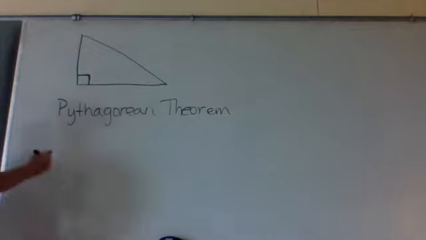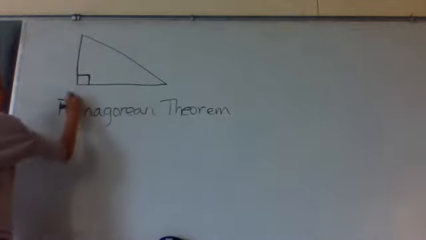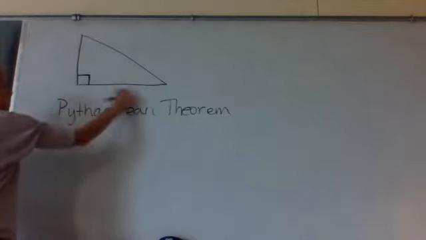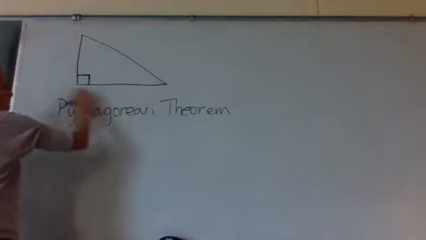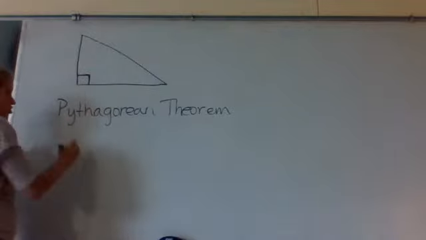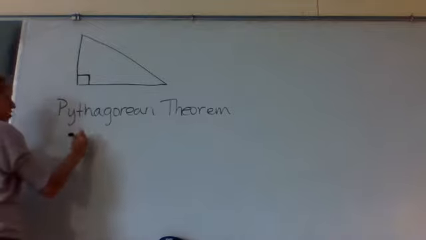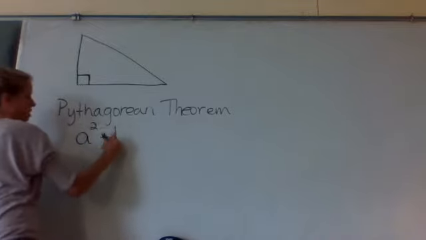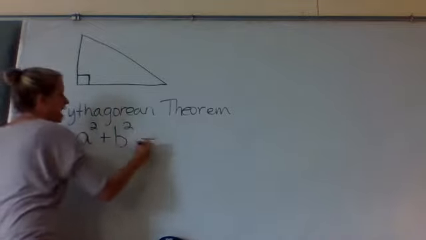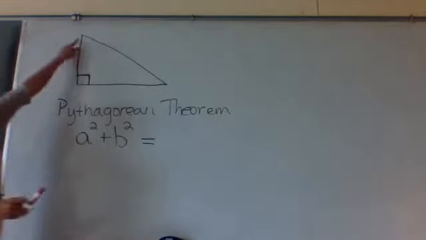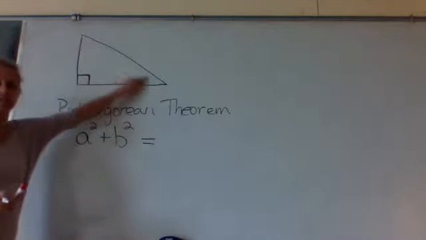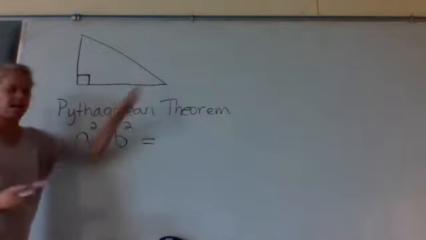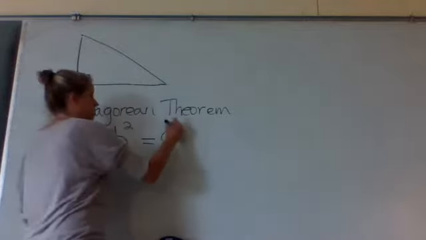The Pythagorean theorem states that the length of the side, these two sides of your triangle, you square them and add them together. The way you see it written is a squared plus b squared. That is going to be equal to this side, which is called the hypotenuse, the long slanted side, c squared.